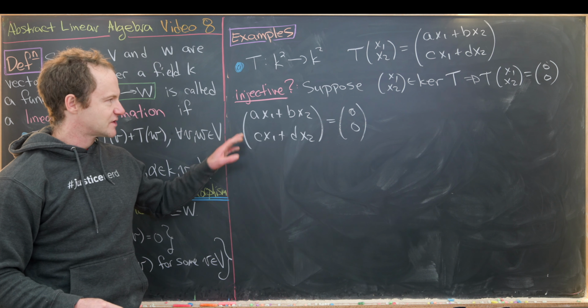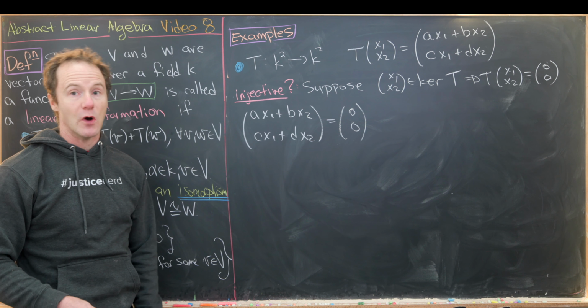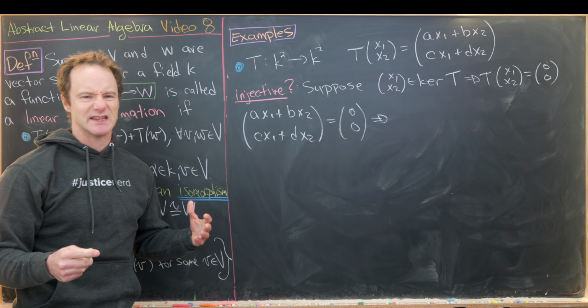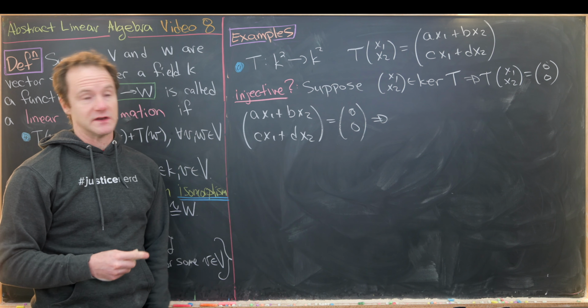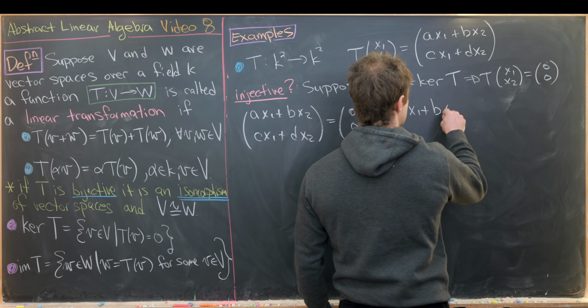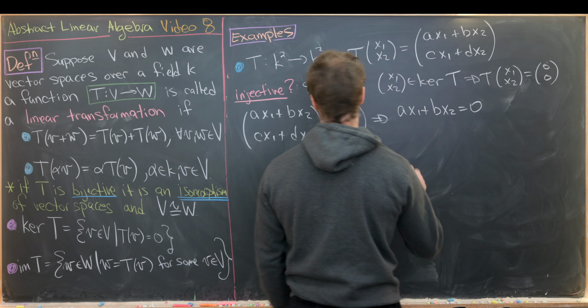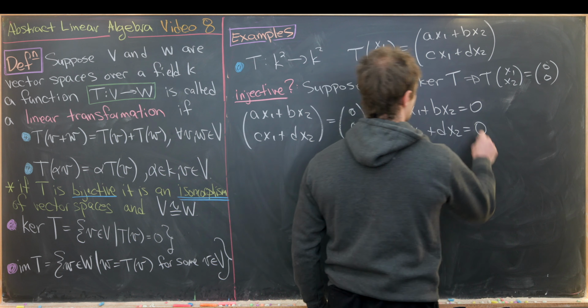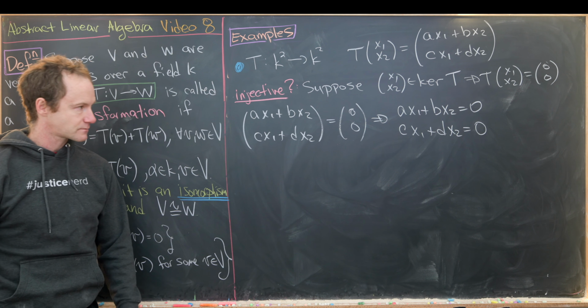Vectors are equal if and only if all components are equal, just in case there are more than two components. So ax1 + bx2 must be equal to 0, and cx1 + dx2 must also be equal to 0.